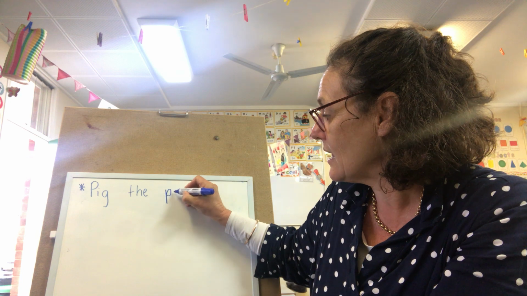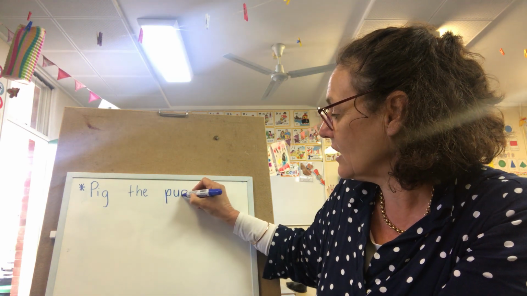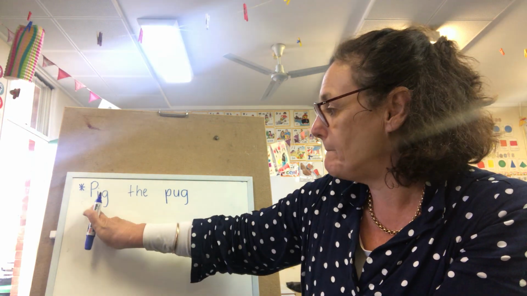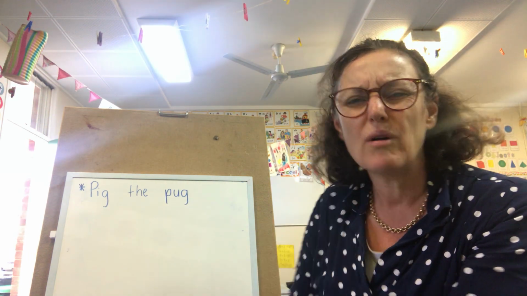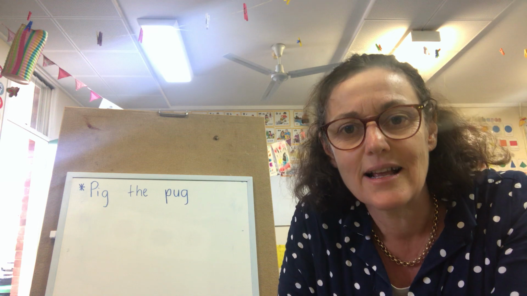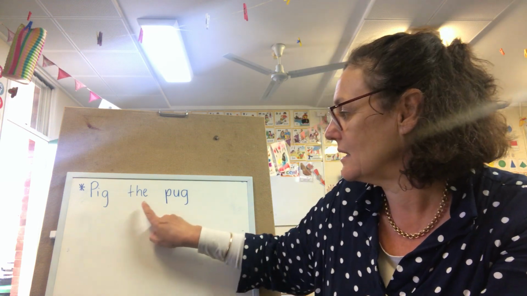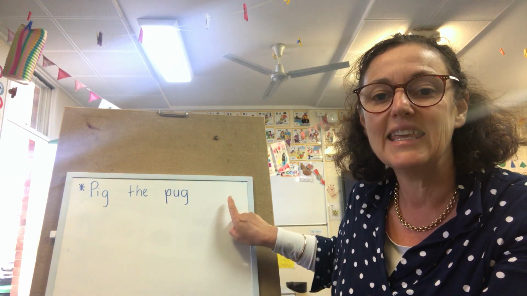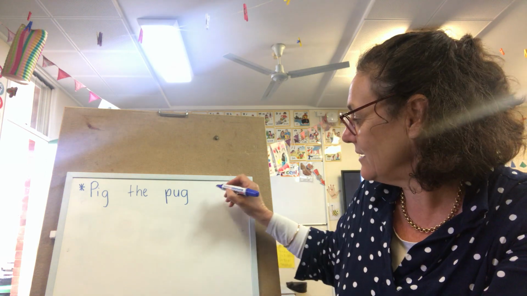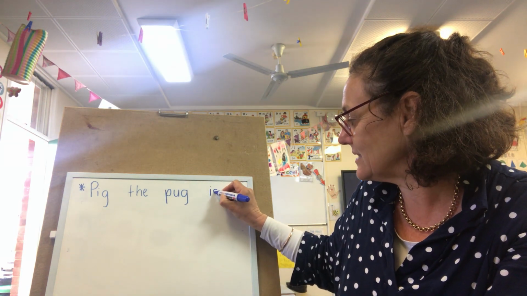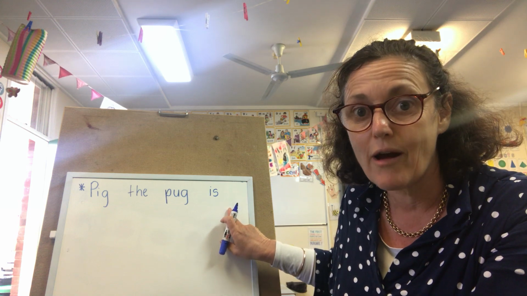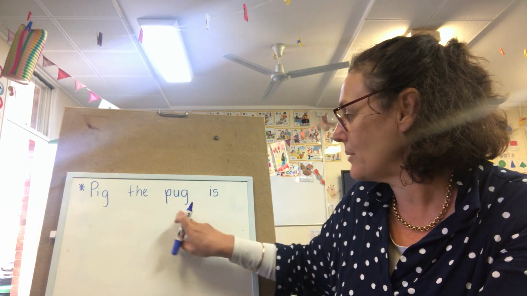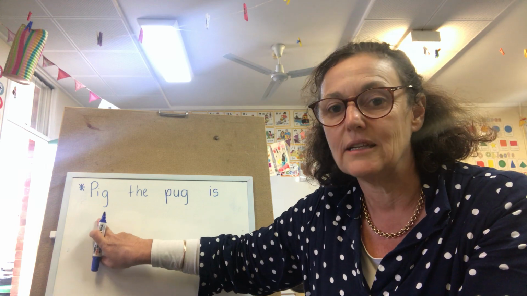P, A, G. Pig the Pug. What was the next word in our sentence? Let's read it again. Pig the Pug is. I, s. And make sure you've got your S around the right way. Pig the Pug is naughty.